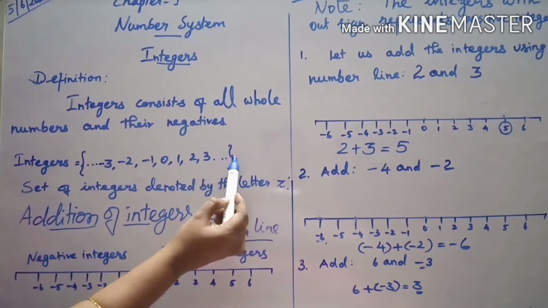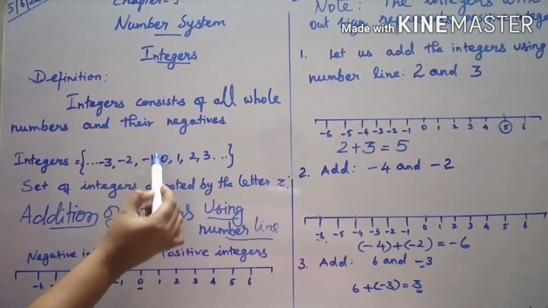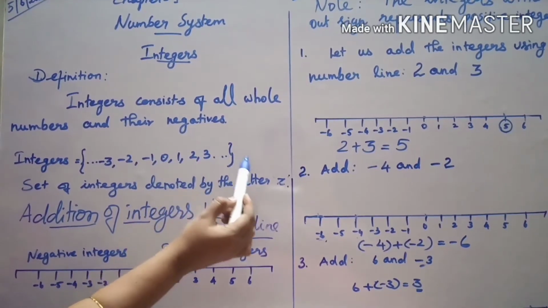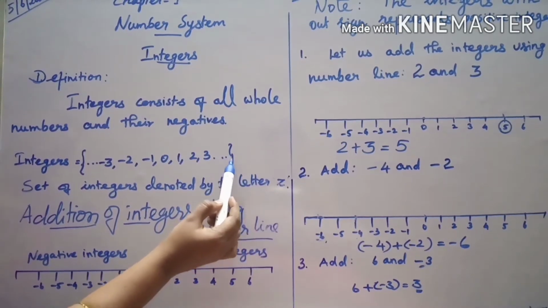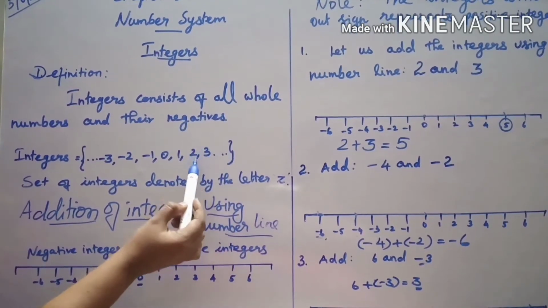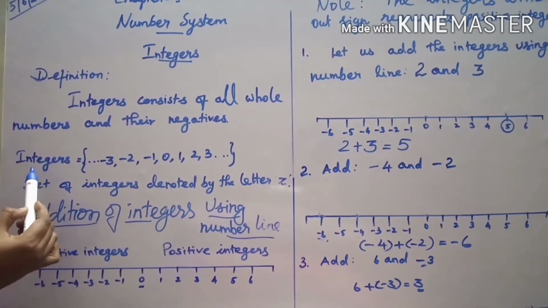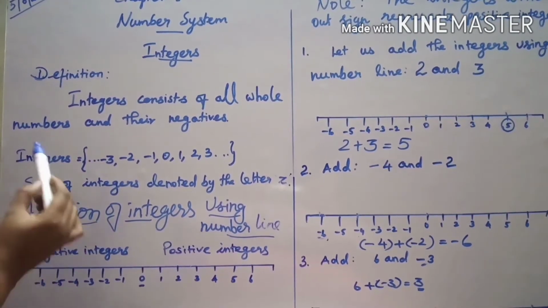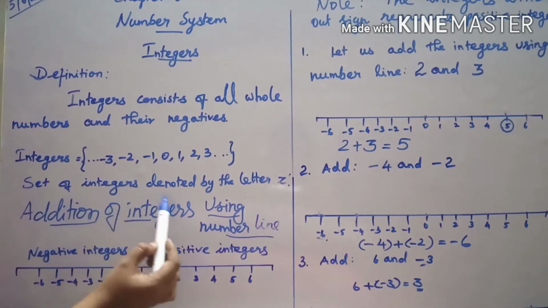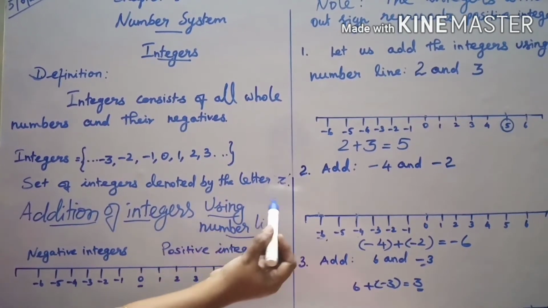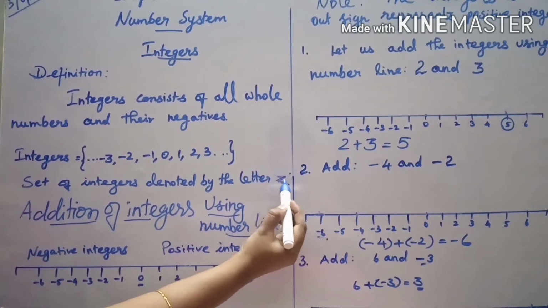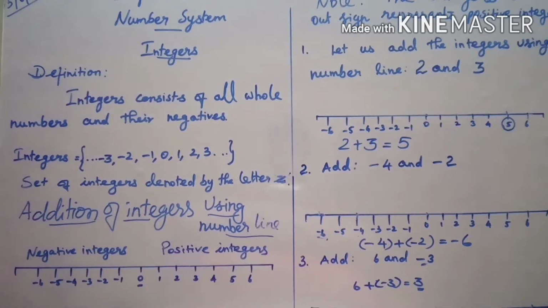Along with these numbers we added 0. Now that set of numbers are called whole numbers. Along with whole numbers and their negatives are called integers. Got it? Set of integers denoted by the letter Z. Yes, am I clear children?